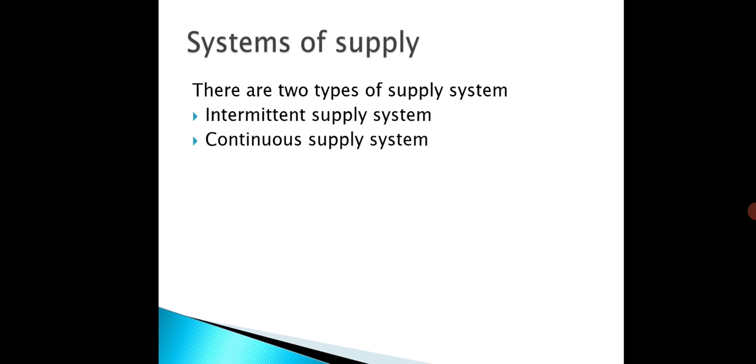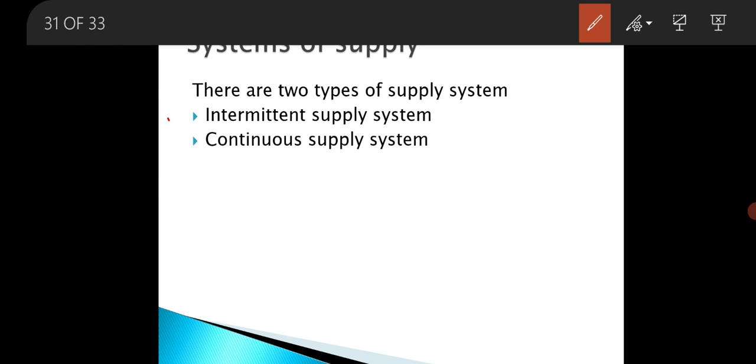So next we will discuss about the systems of supply. So there are two types of supply system. One is intermittent supply system, second one is continuous supply system. So intermittent supply system means the water may be supplied intermittently, that is only for the peak periods during morning and evening. And continuous supply system means it is supplied for all the 24 hours of the day.